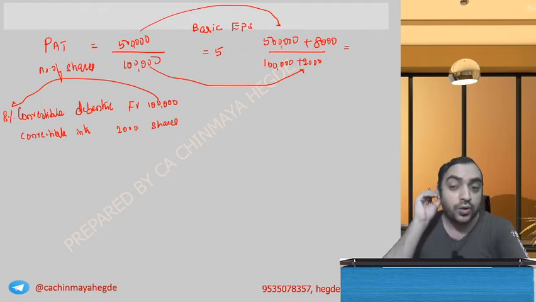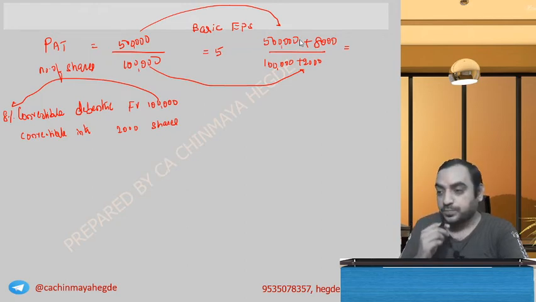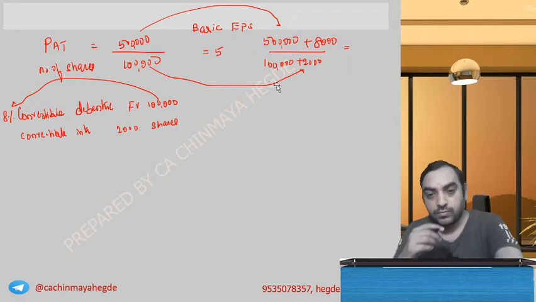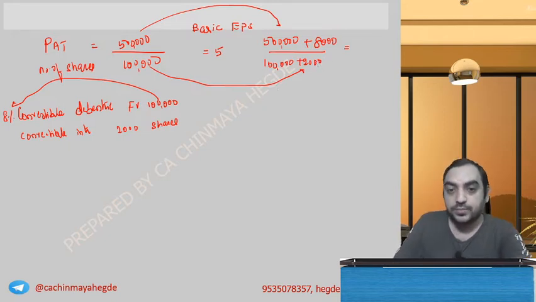So how much will this come to now? 5 lakh 8,000 by 1 lakh 2,000. That comes to 4.98.